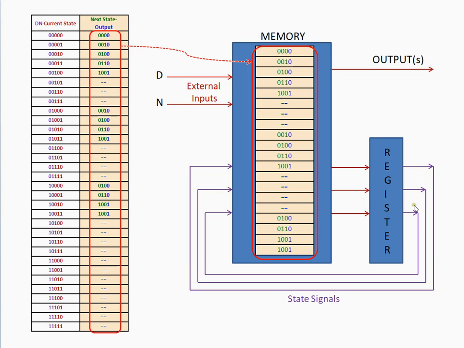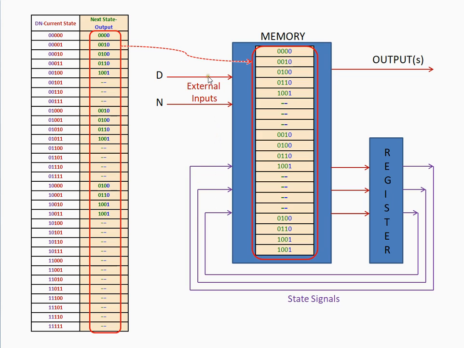So the state information, as you see, is used as input to the memory. So it is fed back and it is used as input to the memory, just like the external inputs, the nickel and dime, are also used as inputs to the memory. So all of these signals represent an input address.